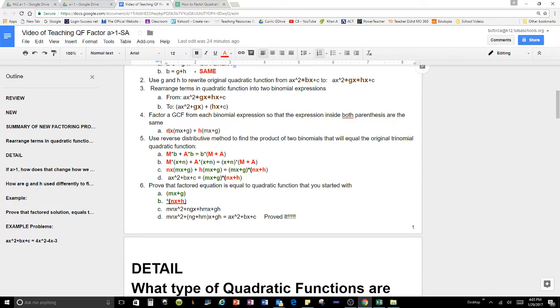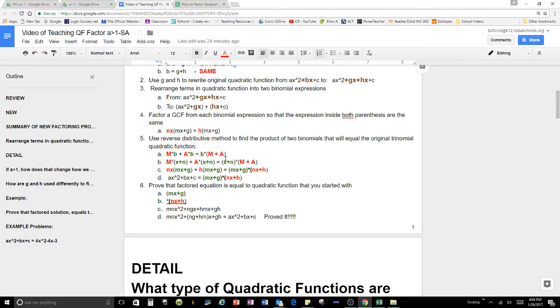One of the reasons that we're doing this is so that we can use the reverse distributive process to actually find our solution. Okay, and so the reverse distributive process is described here. And again, just follow along with me.